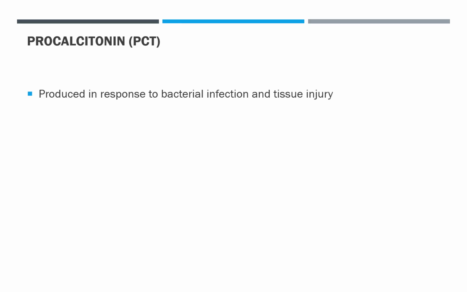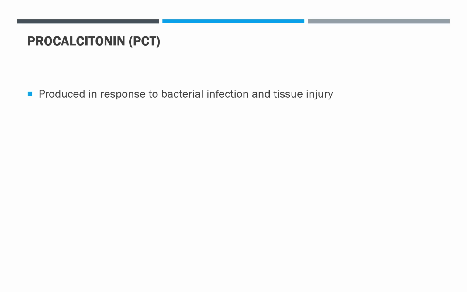The next test of potential interest with respiratory infections, this kind of ebbs and flows as far as gaining favor and use, again, partially due to its specificity and sensitivity. Procalcitonin, it's produced in response to a bacterial infection and tissue injury. So it will rise in many bacterial infections.